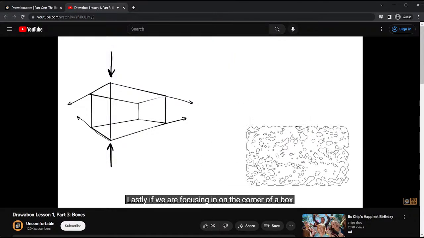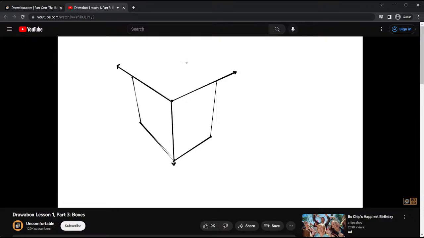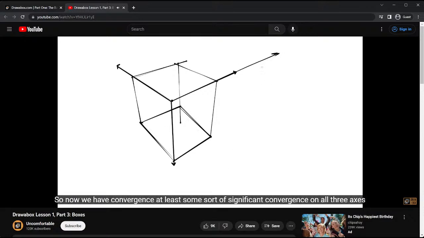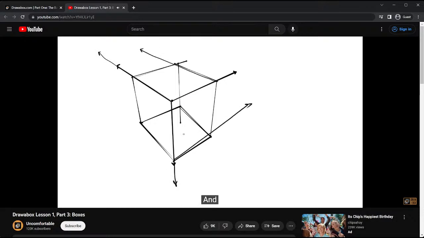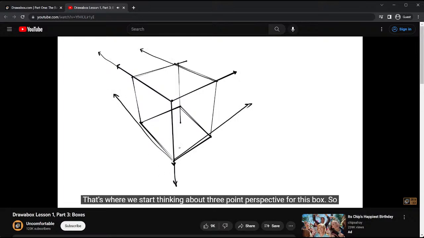Lastly, if we're focusing in on the corner of a box, so now we have at least some sort of significant convergence on all three axes. And that's where we start thinking about three-point perspective for this box.